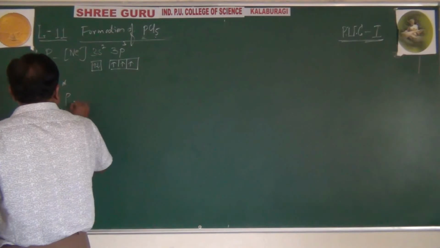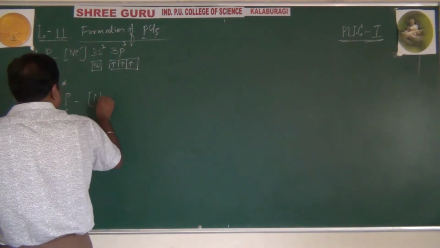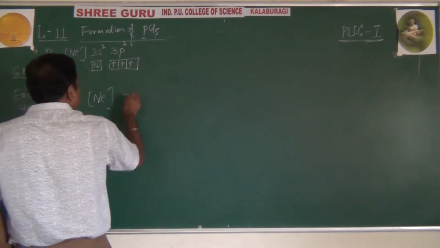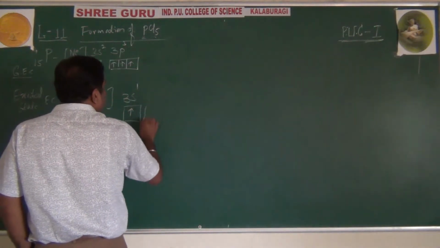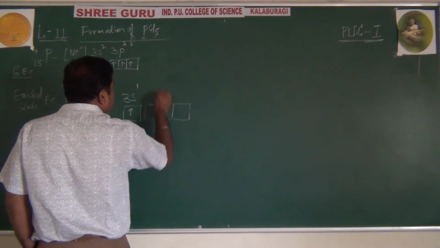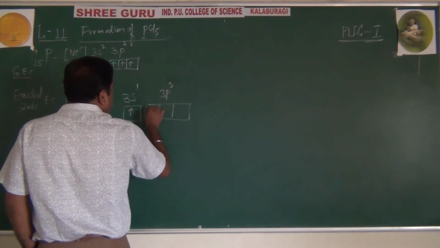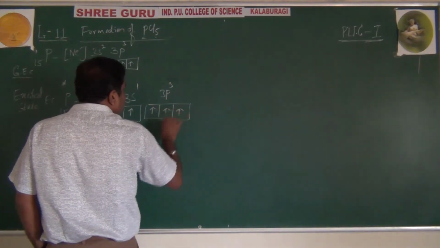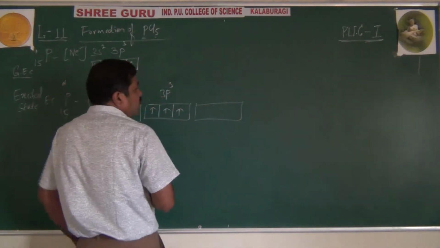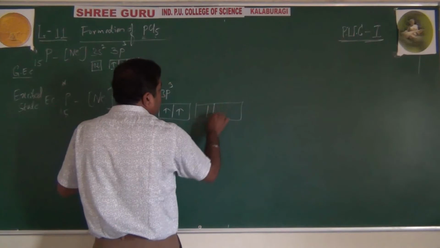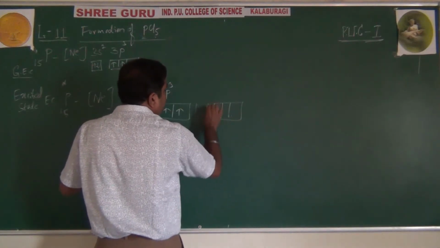What will it be? Neon 3s1, got it. Now 3p3, 3px1, 3py1, 3pz1, and the next electron goes to the next one. 1, 2, 3, 4, 5.